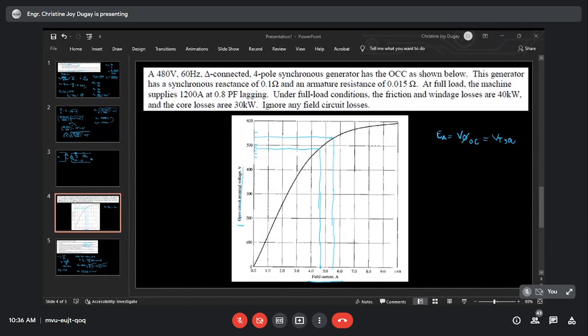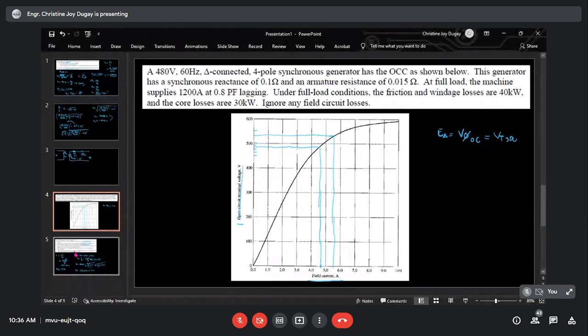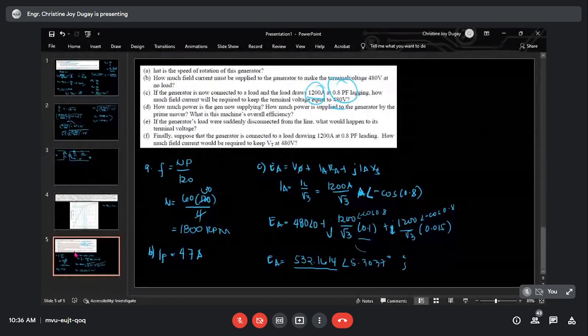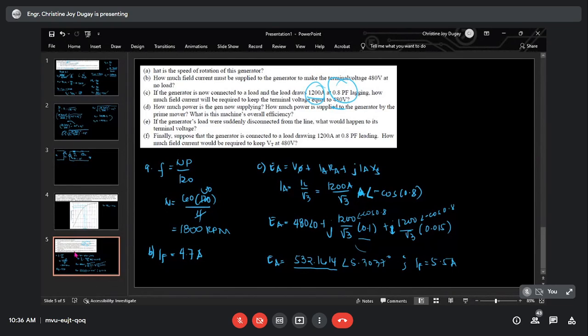Sir Miguel: Nasa 5.5 po. Okay, so to be safe, lagyan na lang natin siya as 5.5. Therefore, IF is now probably equal to 5.5 ampere. Okay, so let's move on.